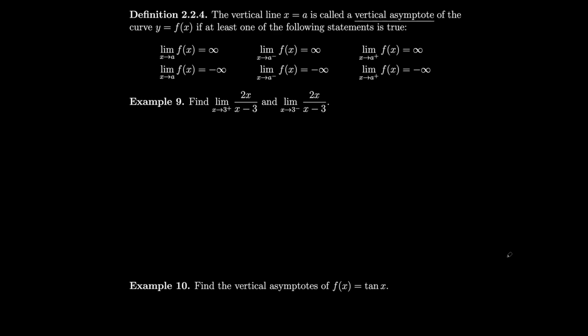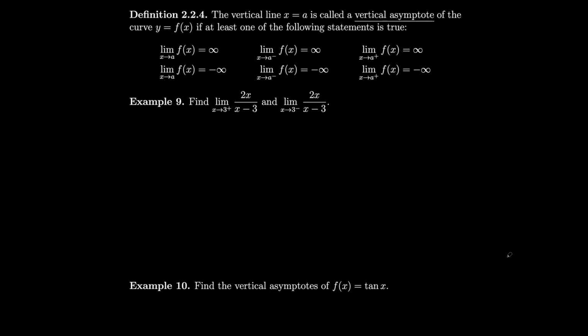If either the limit is infinity, or the left-handed limit is infinity, or the right-handed limit is infinity, or any of them are minus infinity, then we get a vertical asymptote. So if any of these left-handed, right-handed, or two-sided limits equal infinity or minus infinity, either they get really big or really small, then we get a vertical asymptote.